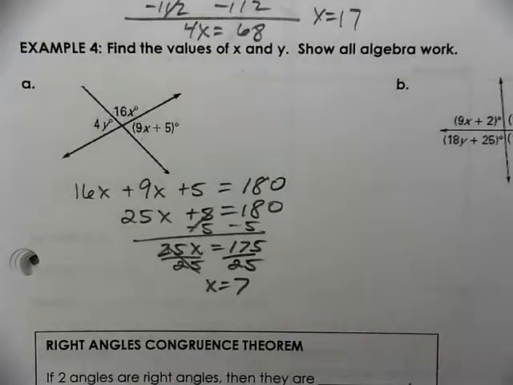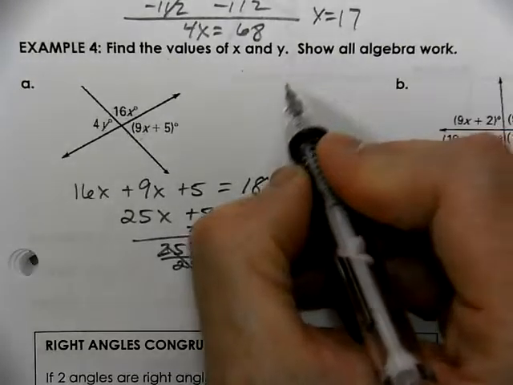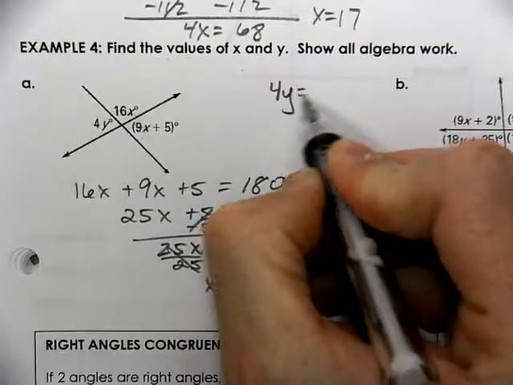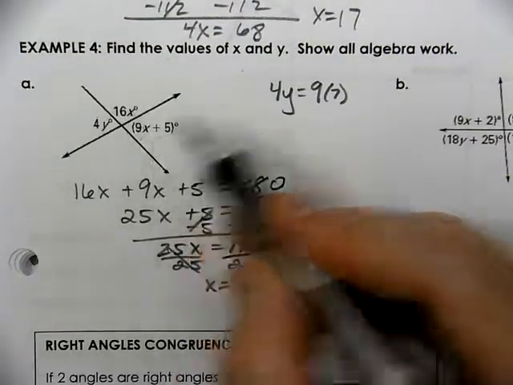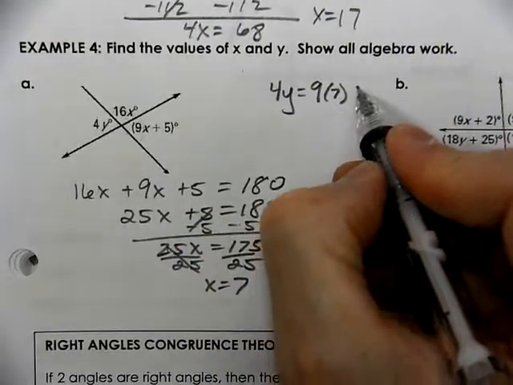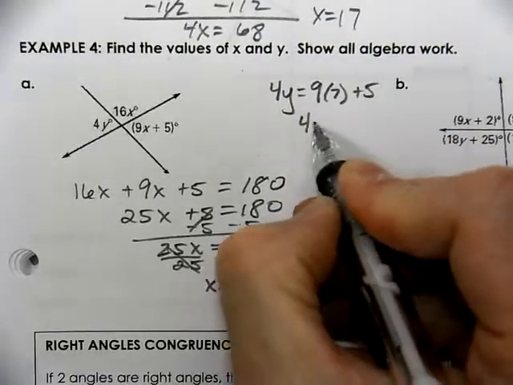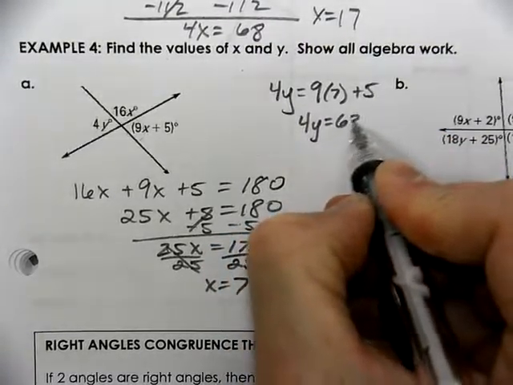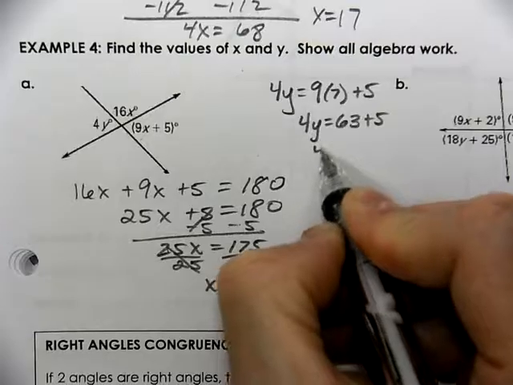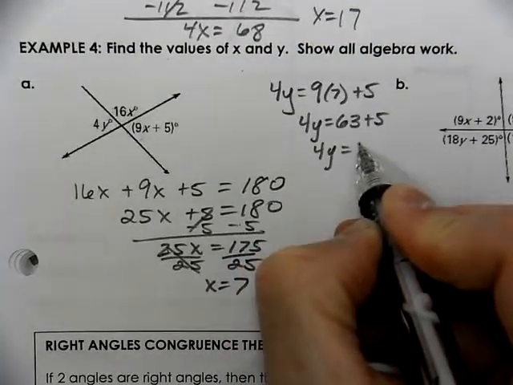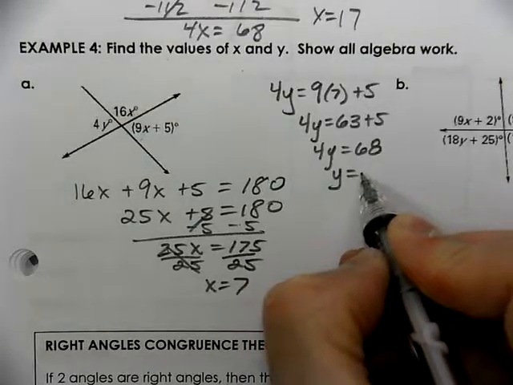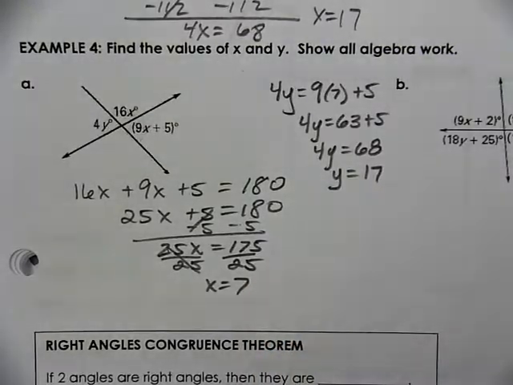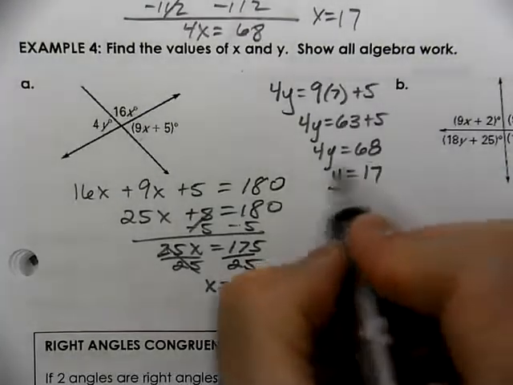Your choice. You can do either one. I'll talk about how 4y is equal to 4x, x is 7, plus 5. So y is going to be 17.